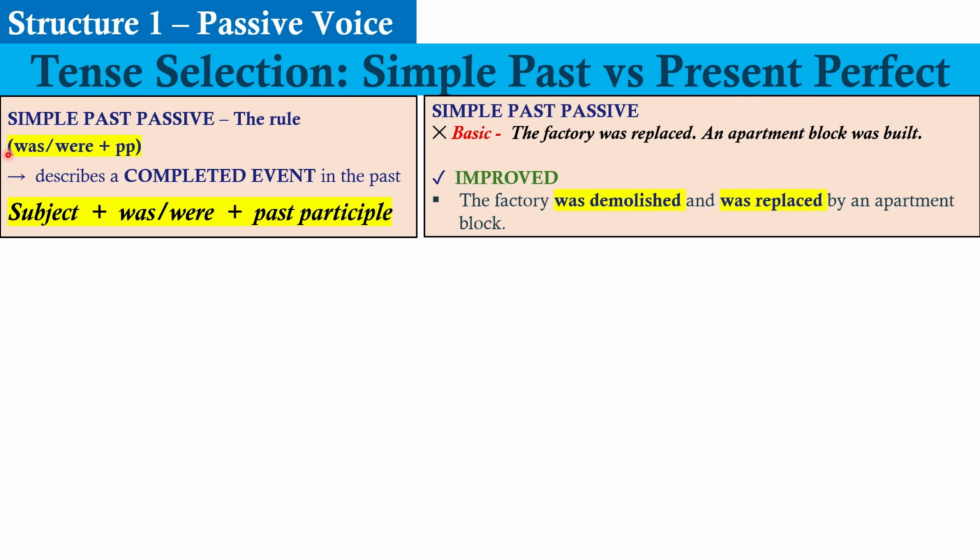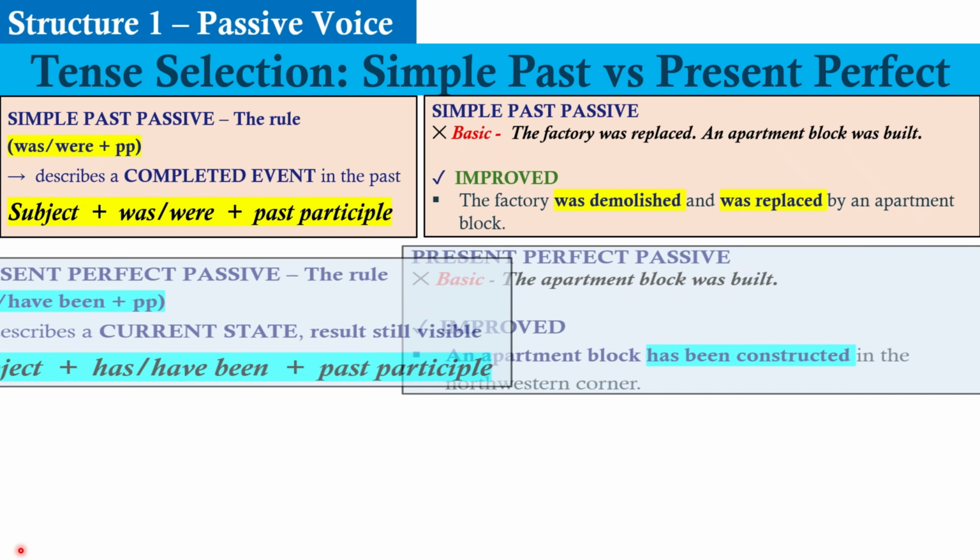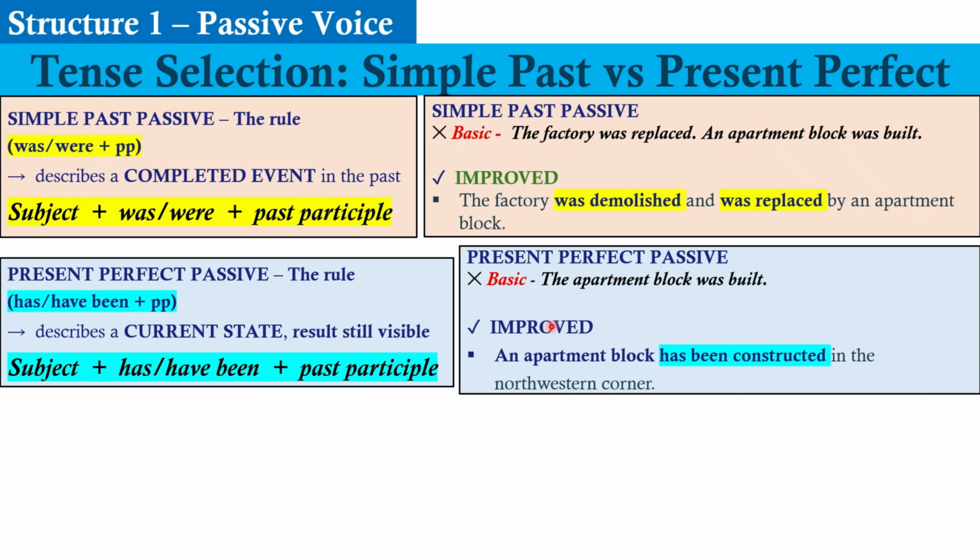The simple past passive, such as was demolished or was replaced, focuses on a completed change that took place during the period shown. The present perfect passive, such as has been constructed, places more emphasis on the result that can be seen in the present day map.